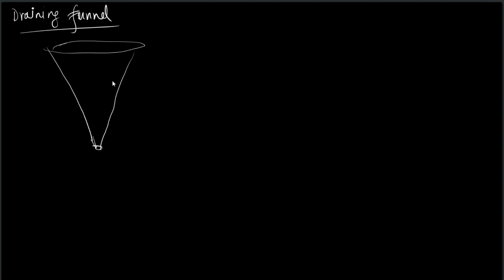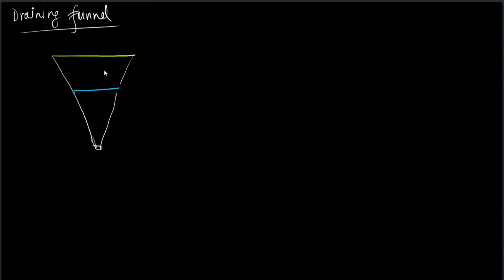So say the level of water at a given particular point of time is this. In fact, let me not draw the 3D-ish kind of figure. It will make things slightly complicated. Let me draw it as a side view.